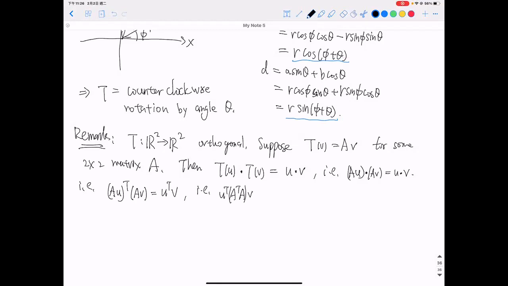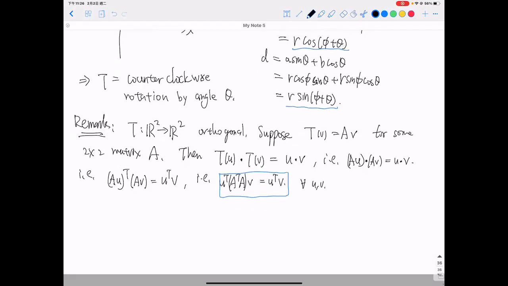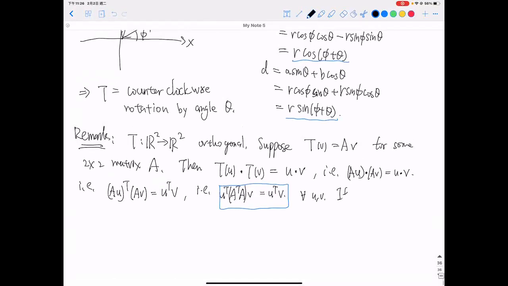Then you can group these products together: U transpose A transpose A V equals U transpose V, and this is true for every U and V. If you take U and V to be E1 and E2, there are four such pairs, and we get that A transpose A actually equals the 2 by 2 identity.